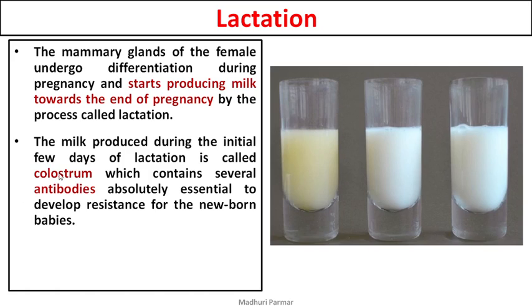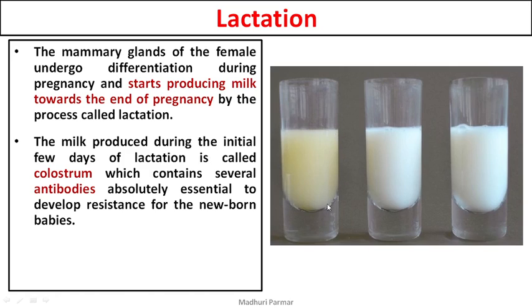From colostrum the baby can get antibodies and a lot of nutrition, which is absolutely essential for the development of the baby as well as its immune function, because the baby has never come in contact with any microorganism, any bacteria, any pathogen. So for such a small baby to survive, it requires antibodies. These antibodies are coming from the mother, specifically through milk. So this milk is known as colostrum.